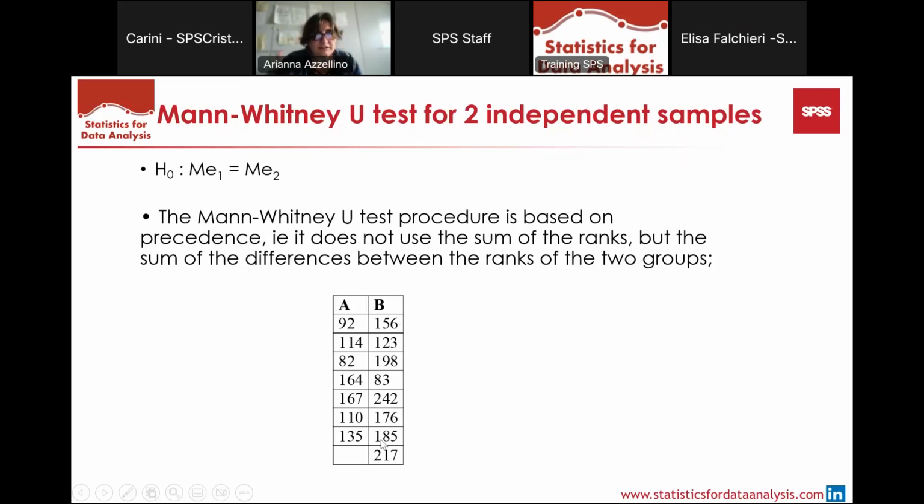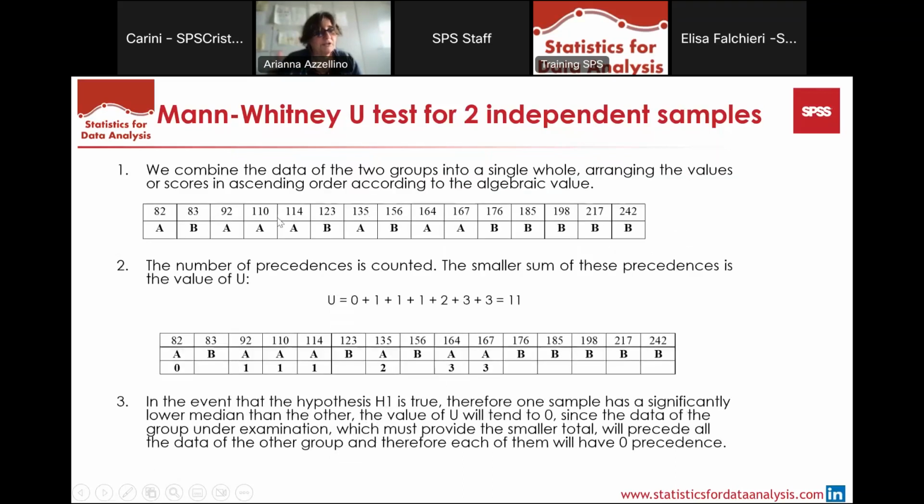Very short data example here. I have group A and group B and some observations belonging to a quantitative variable. I may sort this variable from the minimum to the maximum. This is the ranking, and the sorting is very typical of any non-parametric procedure.